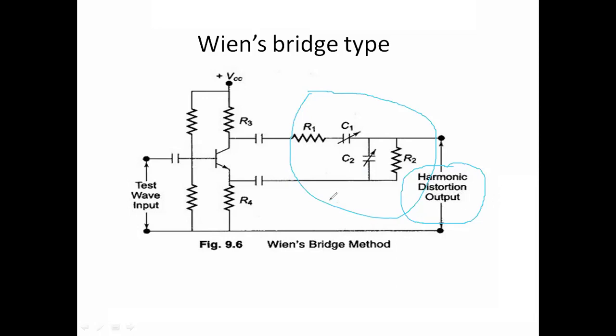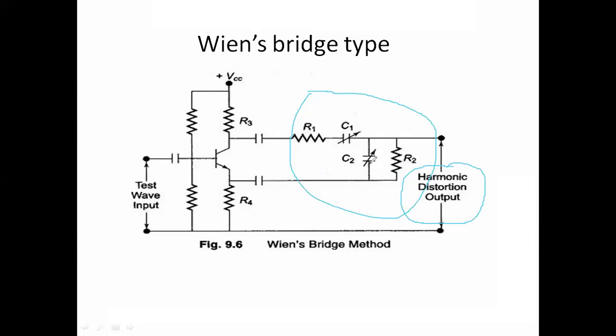The main thing is that the applied fundamental frequency signal is dissipated by R1 and C1, R2 and C2.